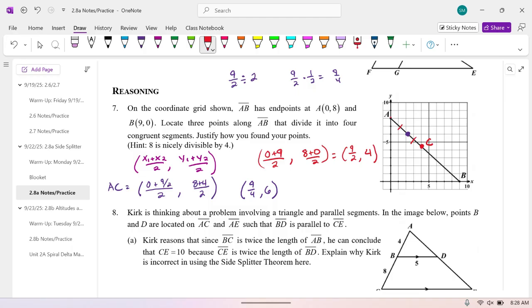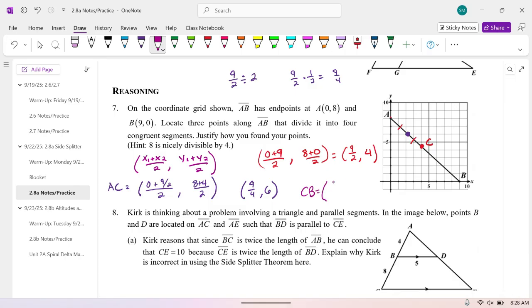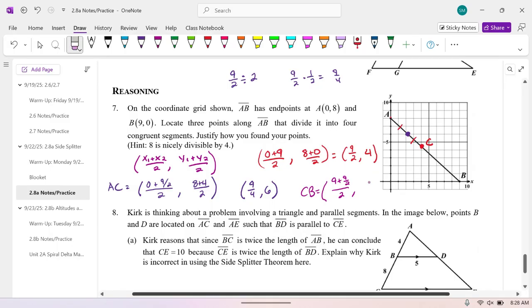Do the same thing for CB. So that would be 9 plus 9 halves over 2, and then 4 plus 0, or 0 plus 4 if you want to write it correctly, all over 2. So 9 plus 9 halves, if I rewrite it as fractions, you'd have 18 over 2 plus 9 over 2, so that'd be 27 over 2.